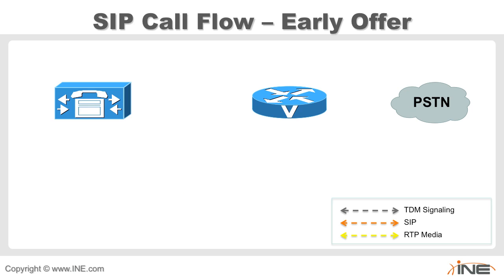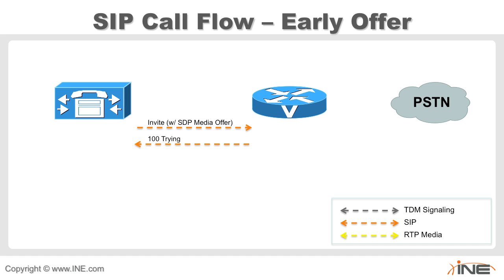So now let's take a look at early offer. Very similar to H323 Fast Start, we're trying to inform the capabilities earlier so that hopefully this can be a very fast process. So the originating gateway sends the invite, but the SDP is in the invite. Okay?